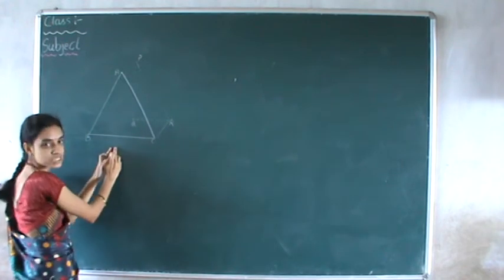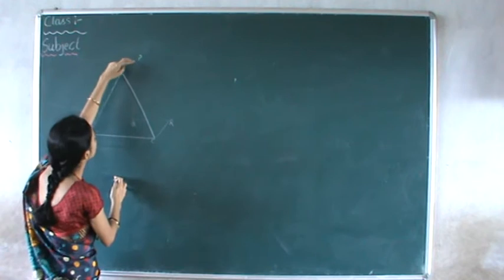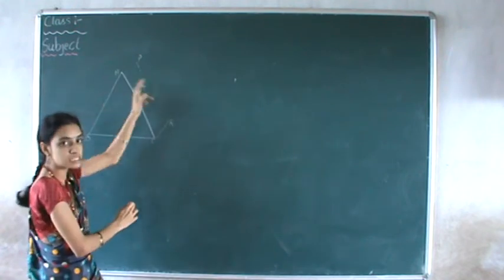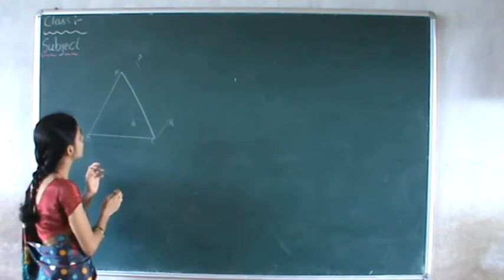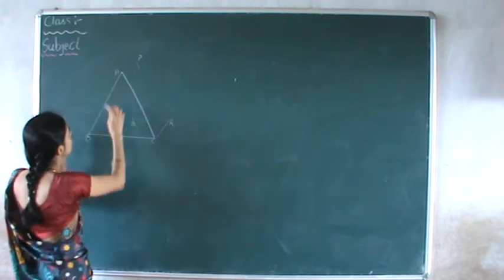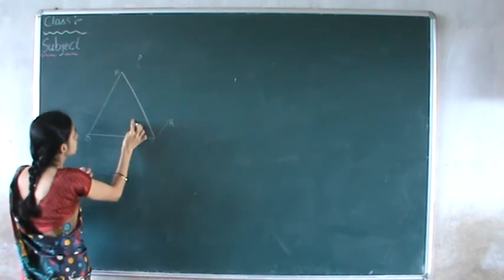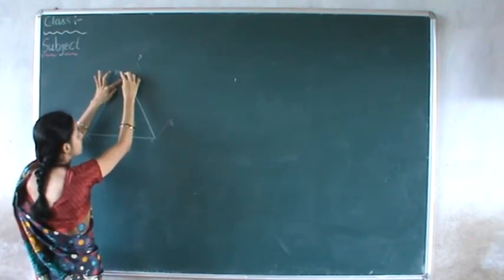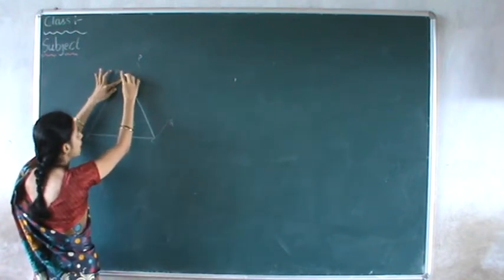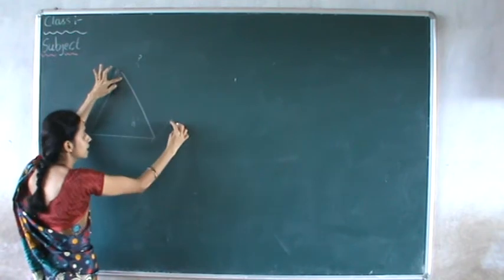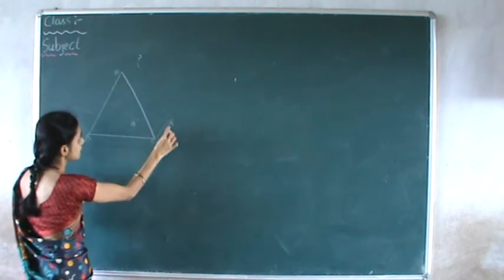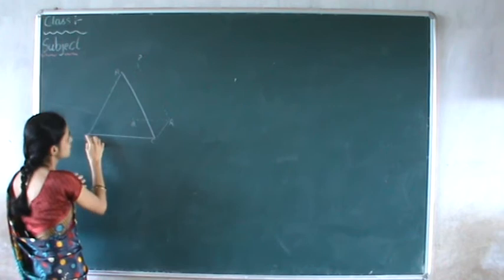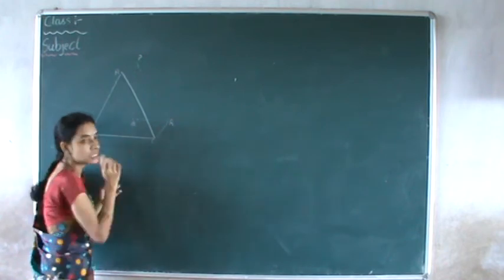Here A, B, C is one triangle and P, Q, R is one more triangle. There are three rectangular faces: A, P, Q, B is one face, and one more rectangular face, non-parallel to it, A, P, R, C. One acts as the base of the prism, that is B, Q, R, C.